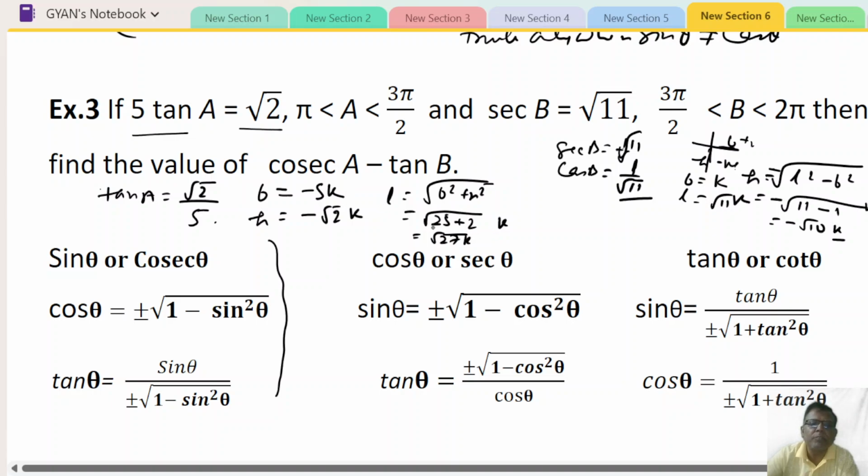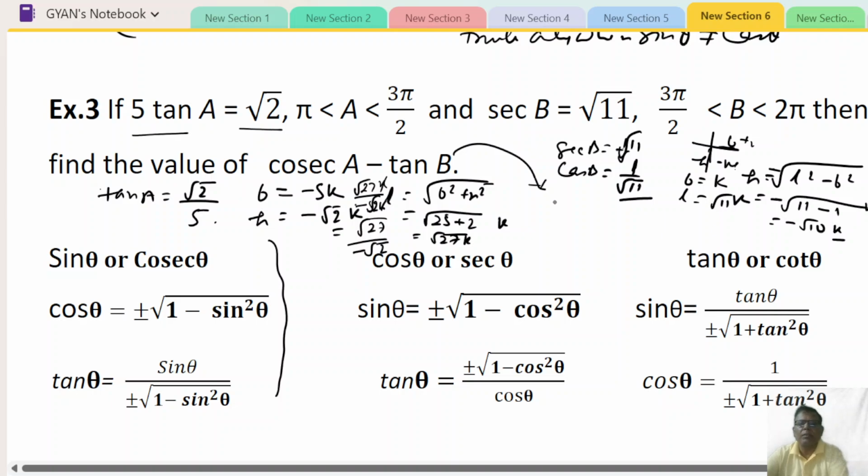L is root 27k divided by minus root 2k. So k got cancelled. Then this is root 27 by minus root 2. Now here we have to find tan B.